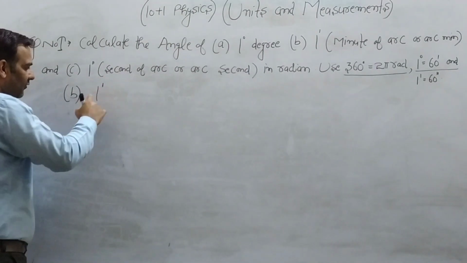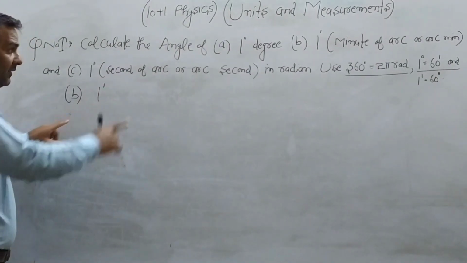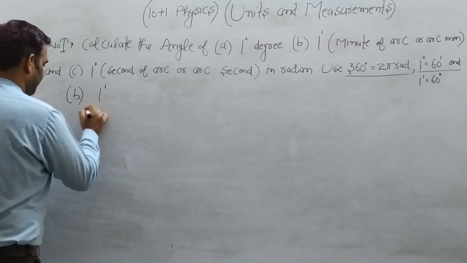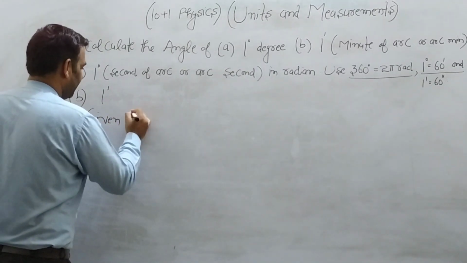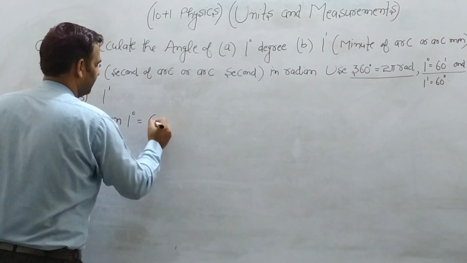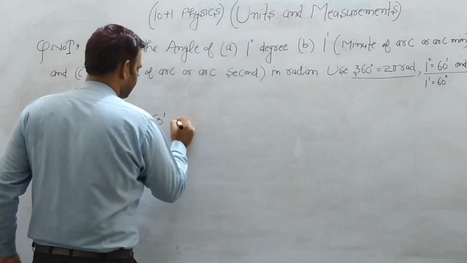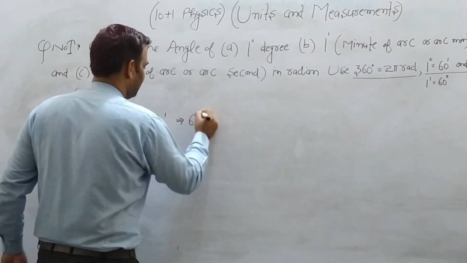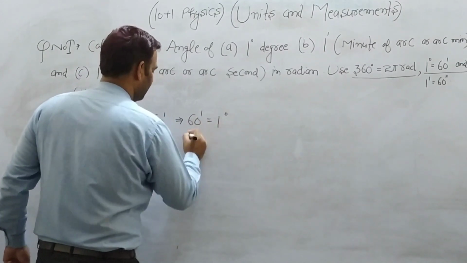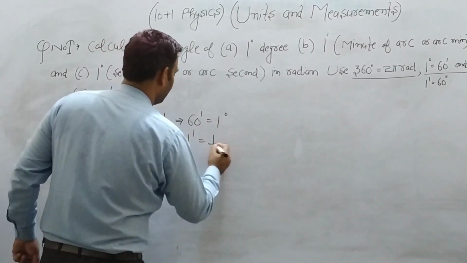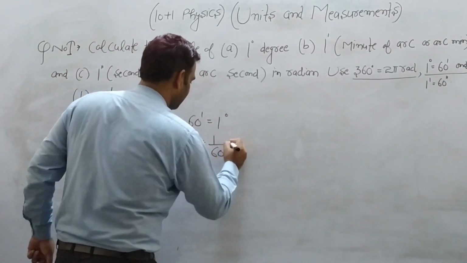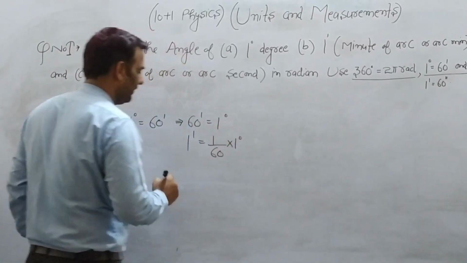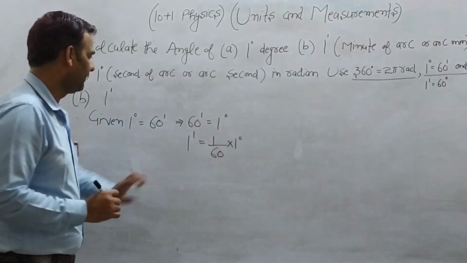So we have given here 1 degree is equal to 60 minutes. This implies 60 minutes is 1 degree. So 1 minute is equal to 1 upon 60 into 1 degree here.